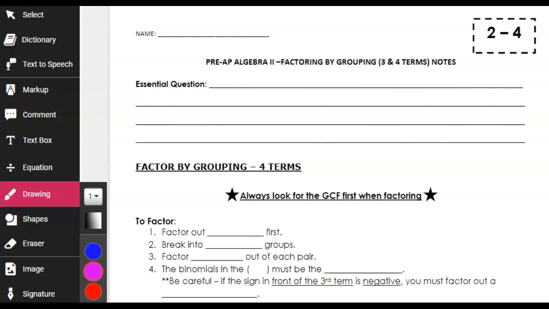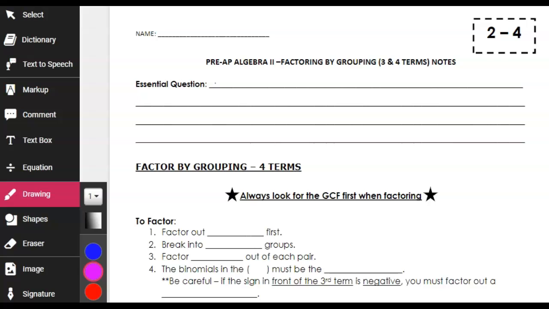In some of our last lessons we talked about factoring when a was equal to 1. We talked about finding the magic numbers and inserting those numbers into binomials. But today we're going to talk about factoring 4-term polynomials and 3-term polynomials when a is not equal to 1. So our essential questions are just that.